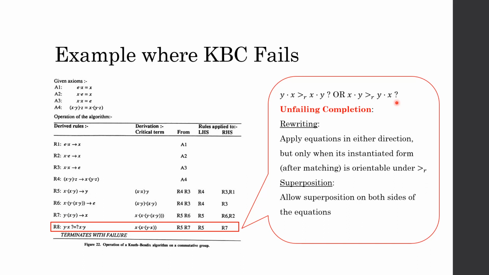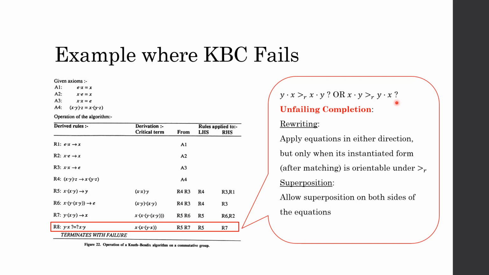So there have been ways to counter this and solve this problem. One way is to make some changes to the rewriting rule. Whenever this kind of situation happens, apply the equation in either direction, so you don't need to go only left to right or right to left.